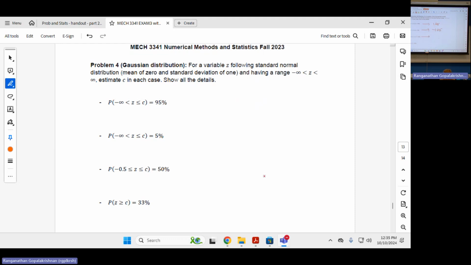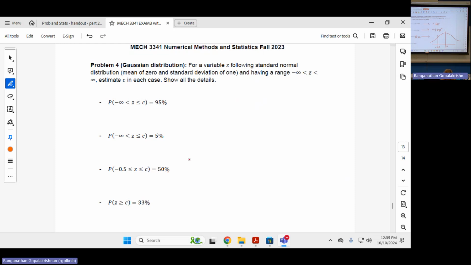So what value of C will get us 50%, such that the probability of minus 0.5 less than Z less than C is 50%? So you have the bell curve. Here is 0. Here is, let's say, minus 0.5. We are asking for what value of C will get you an area of 0.5.